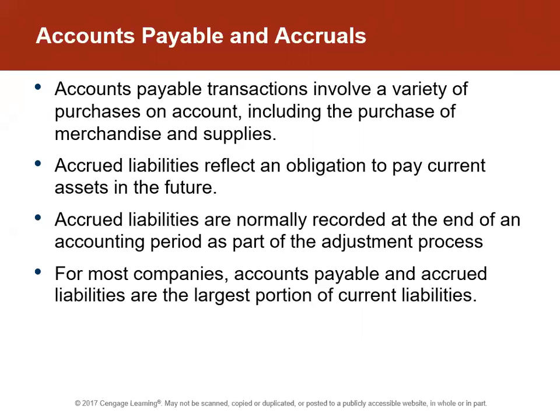We're just looking at it from a liability standpoint. We owe it now. So accrued liabilities are usually payroll and interest. It'll be an interest payable, interest that we owe instead of money owed to us. And it just tells you that for most companies, accounts payable and accrued liabilities are the largest portion of their current liabilities.